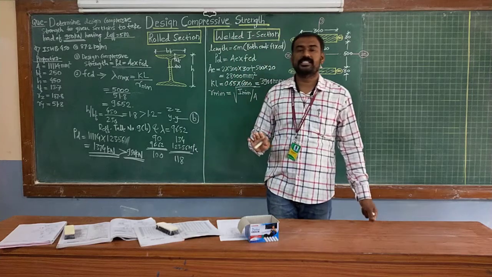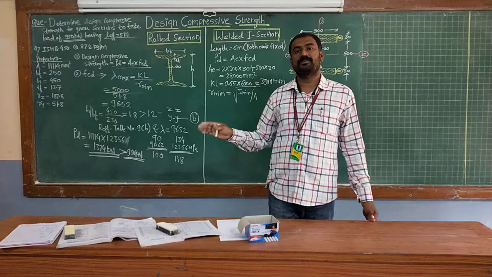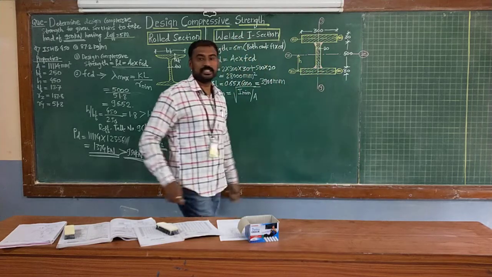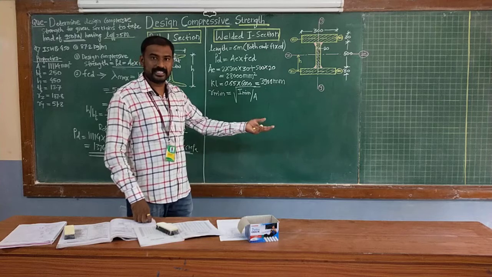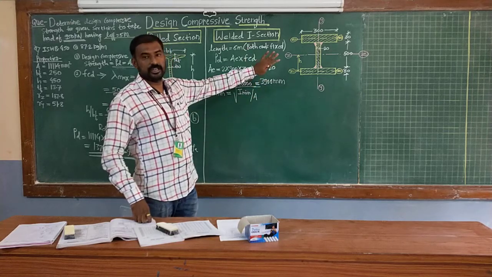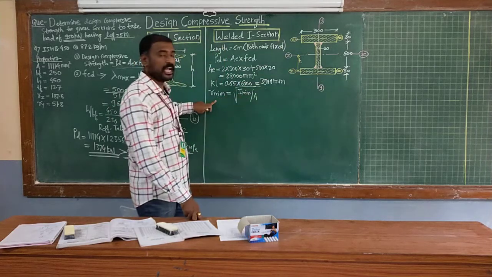For a rolled section, properties are known and you can take them directly from the steel table or IS 808, but in case of a welded section, the values are not given. In that case, you need to adopt your regular SOM principles, centroid and moment of inertia calculations, to find the r minimum value.